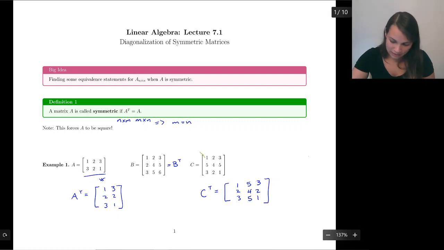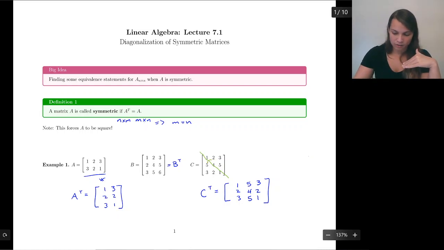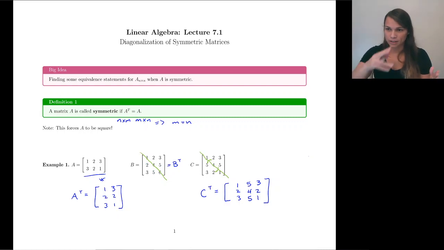But what we need is, if you put a mirror across the diagonal, you need to have a mirror reflection, and that's not what's going on. You can see if we do that for B, here we go, mirror reflection, that is what's going on. So symmetric, think mirror reflection across the main diagonal.